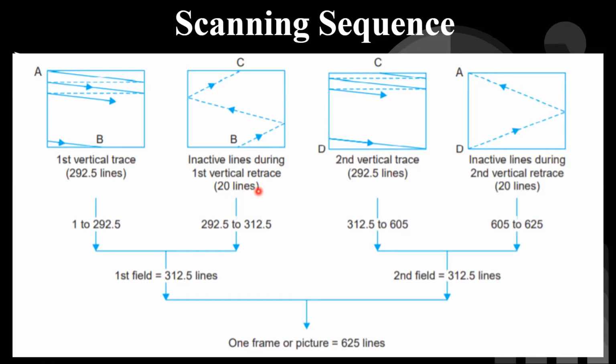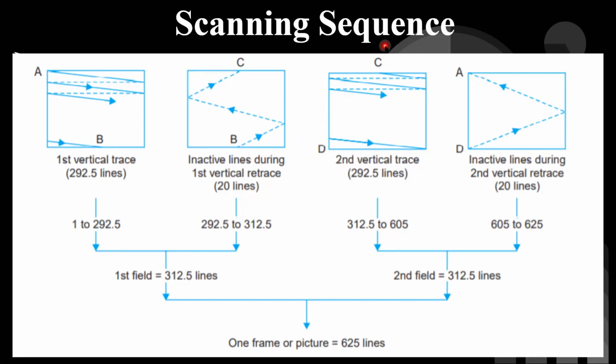So 1 to 292.5, 1 to 292.5, the first vertical trace starts where your beam reaches the maximum value. And the rest of the 20 lines are kept for your inactive lines. Clear?